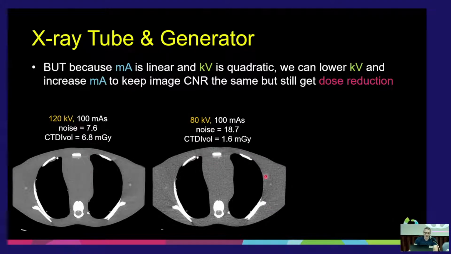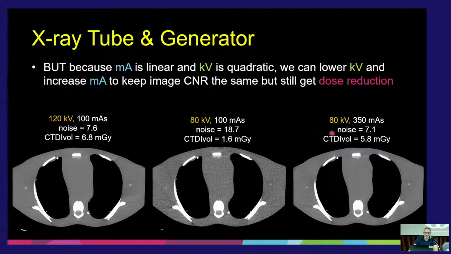Then I took this same phantom, imaged at 80 kV, same 100 mAs. My noise went up, of course, because more photons were absorbed by the body. Less got to the detector. And my CTDIvol went down because, of course, kV went from 120 to 80. So that's great. Dose to the patient actually went down.